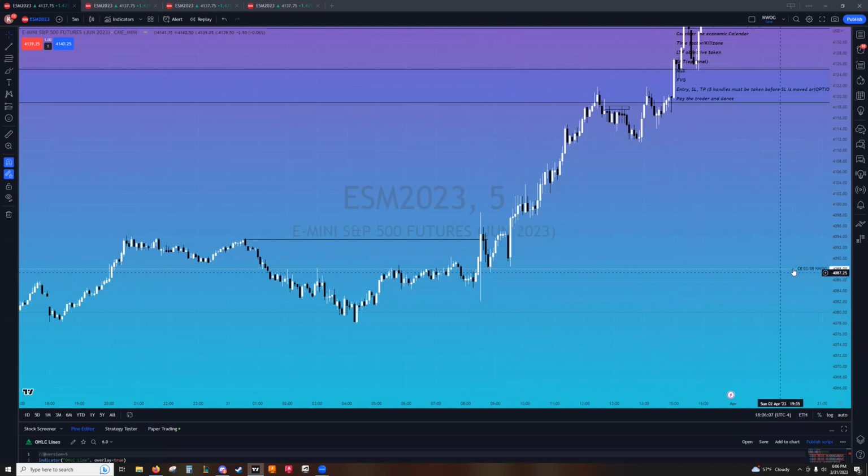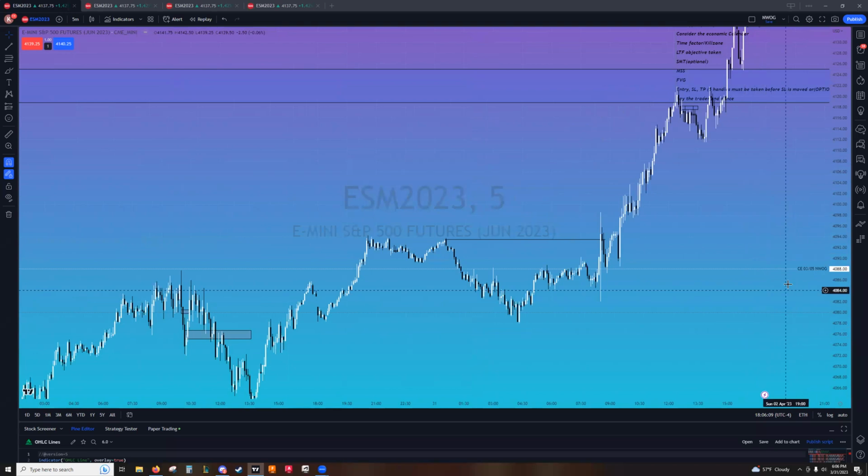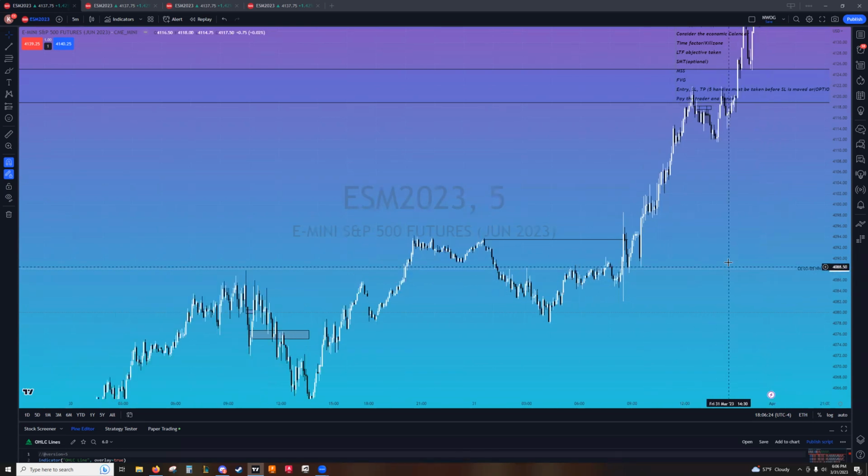And again, this level, if you don't remember from the last one, or if you weren't here, was the midpoint of the gap that's created at the end of the day Friday and the beginning of the session Sunday evening.